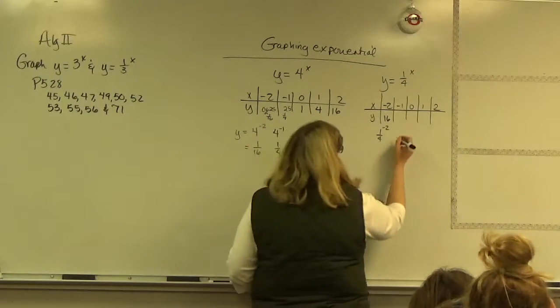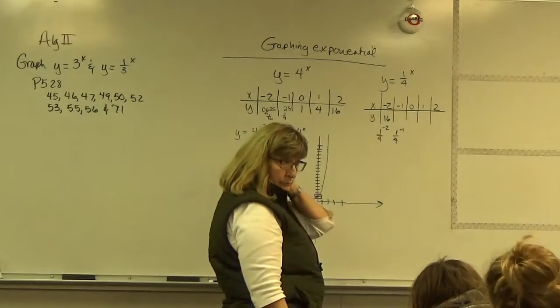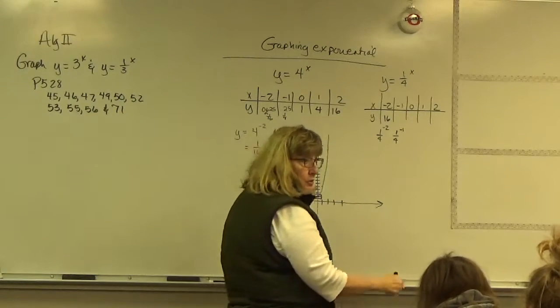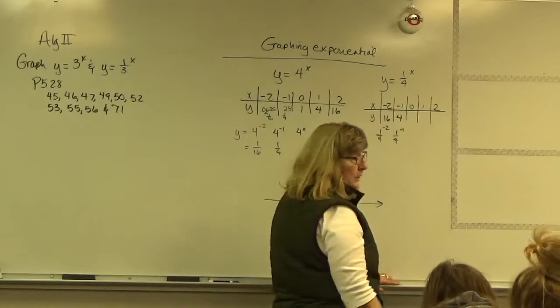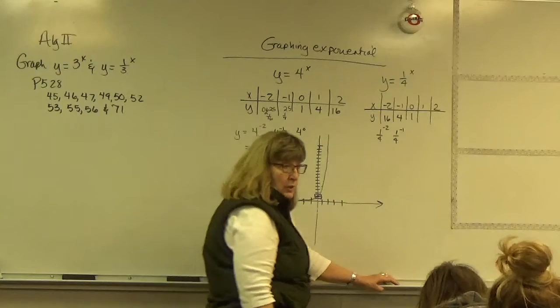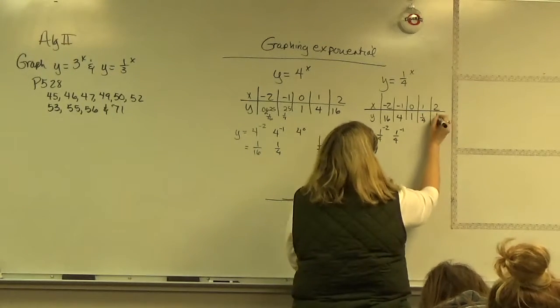Okay, what would be 1/4 to the negative 1 power? Well, 1/4 to the first is 1/4, and then the negative inverts it, so that would be 4. What's 1/4 to the 0? 1. Yeah, always going to be 1. What's 1/4 to the first? 1/4. And what's 1/4 squared? 1/16.